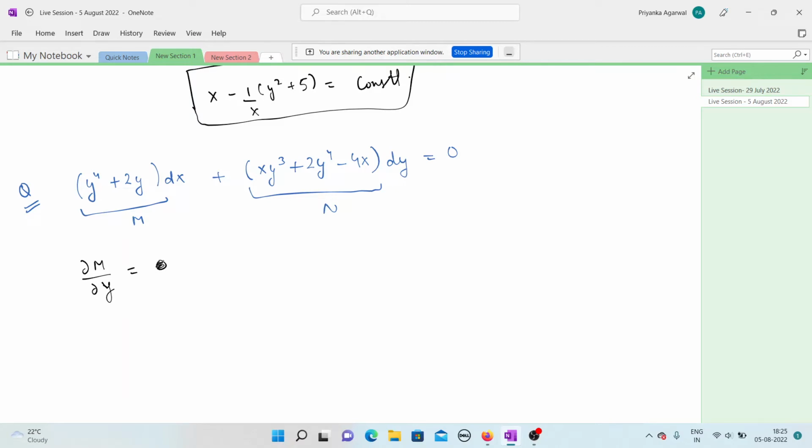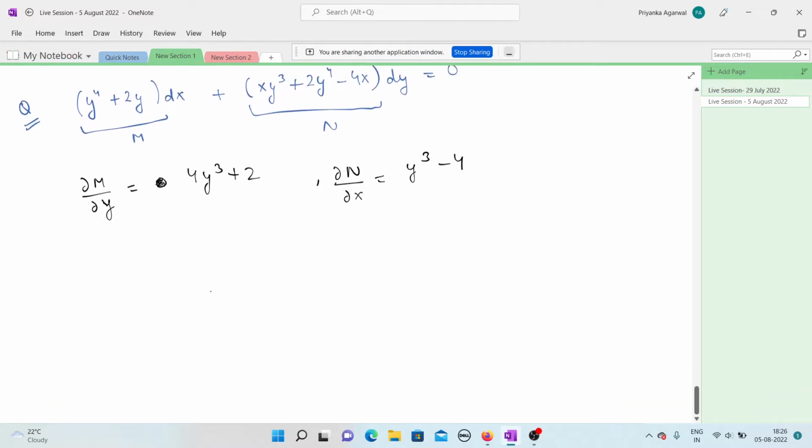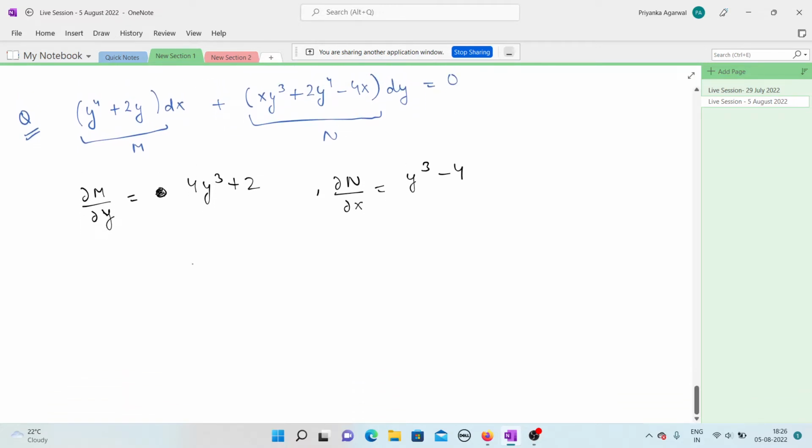So this will be 4y cube plus 2, and dou n over dou x, this is y cube minus 4. So clearly the given equation is not exact.